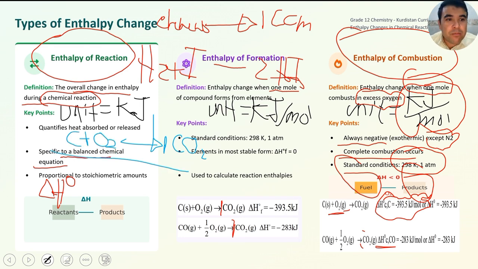If 1 mole of the compound is formed in the product by the combustion of 1 mole of its element with oxygen, that's when all the enthalpies are equal. Delta H equals delta HF equals delta HC. Another example: when H2 reacts with half O2 to form H2O. 1 mole of the compound is formed from the combustion of 1 mole of its element with oxygen, thus all the enthalpies are equal.